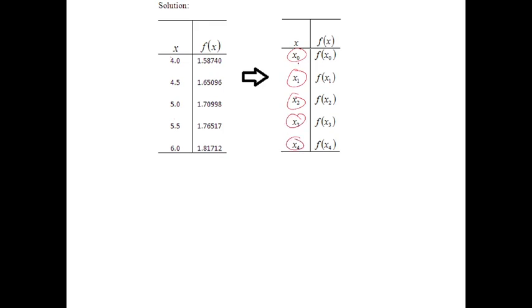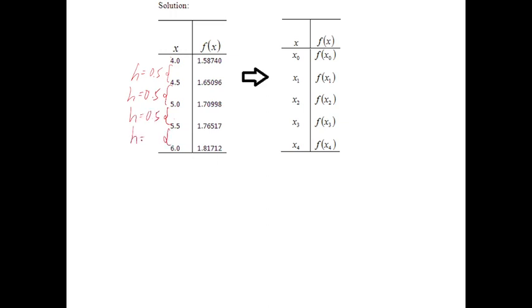Next step, we have to determine whether the tabular interval is constant. So what's the tabular interval value here? 0.5. How about here? 0.5 also. This one, same.